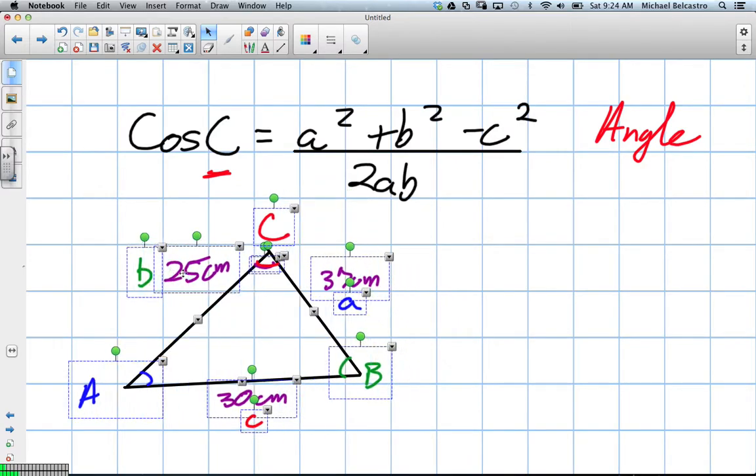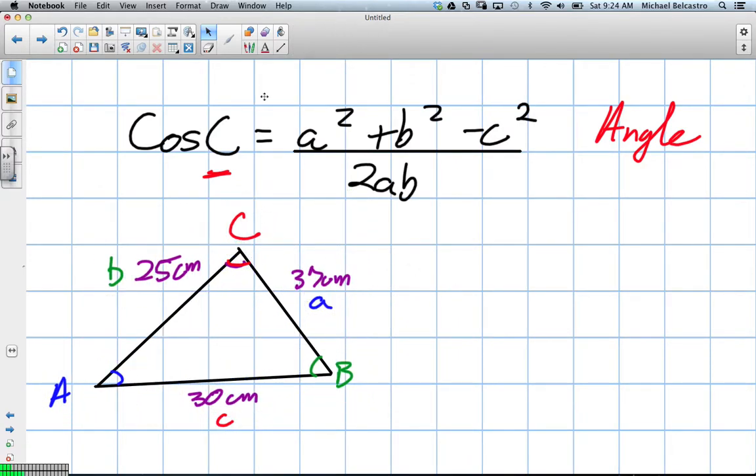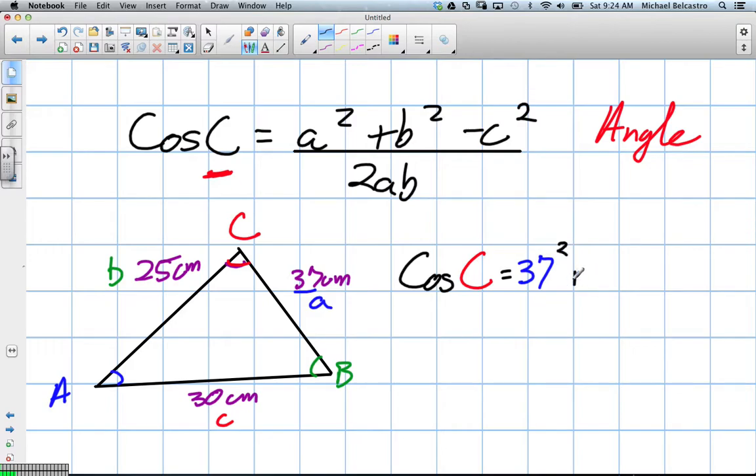So now in our formula, let's just kind of move this whole triangle so we have a bit of room here. Okay. Now in our formula, let's plug values in. We have cos, and this is referring to angle C. Well, it's unknown. So we just leave it as C, is equal to, side A is 37, so 37 squared, plus side B is 25 squared.